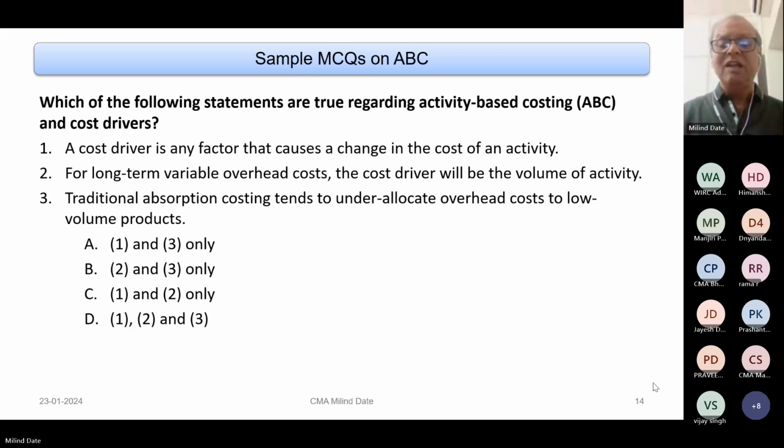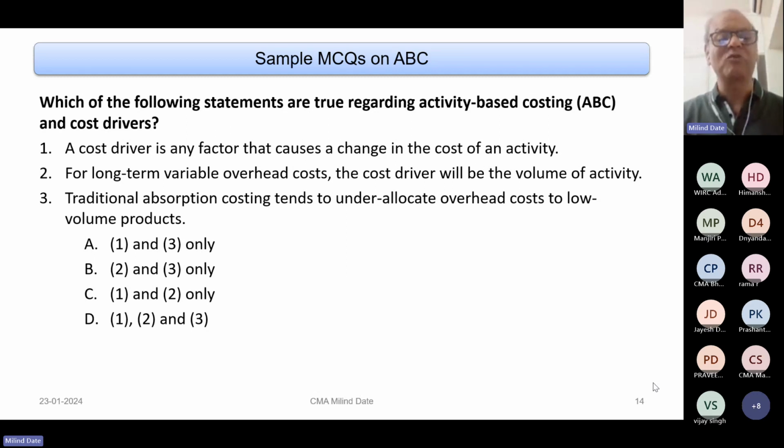So in traditional absorption costing, high volume products definitely will receive a higher amount of overhead costs because you tend to allocate them based on the volume, number of units produced. So higher the number of units, higher will be the overhead cost. Under traditional costing, that's the wording used in the statement that is given.